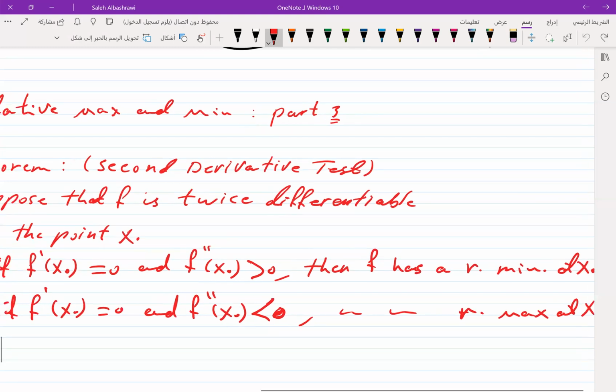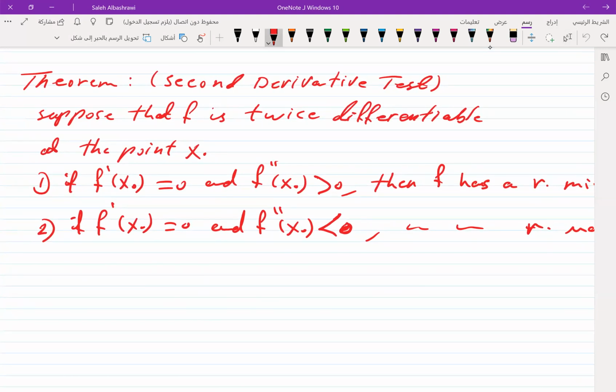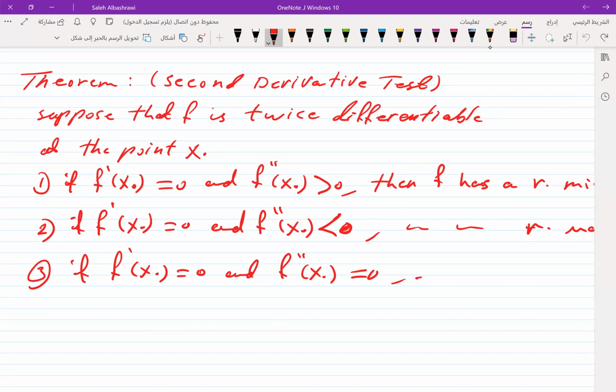Now the third case, if the first derivative at x0 is equal to 0 and if f double prime at x sub 0 is equal to 0 also. If both of them are equal to 0, then we can say by the second derivative test, no conclusion.